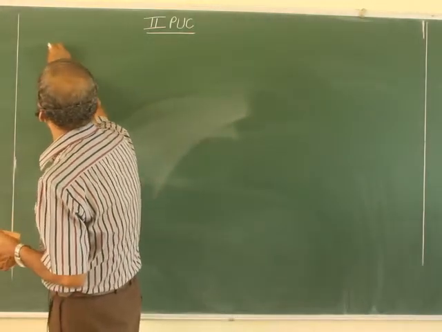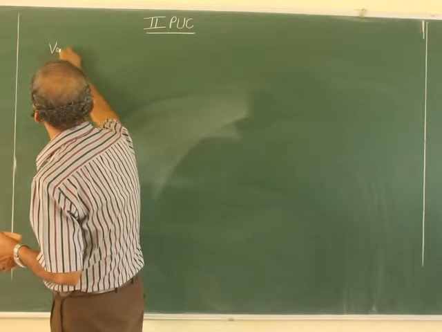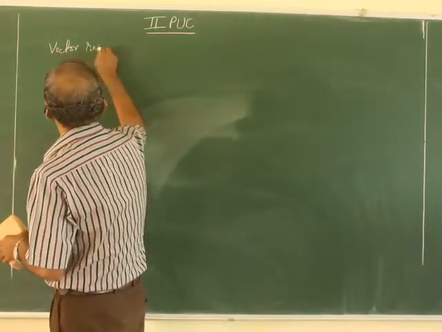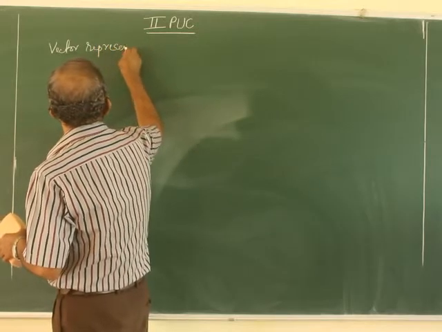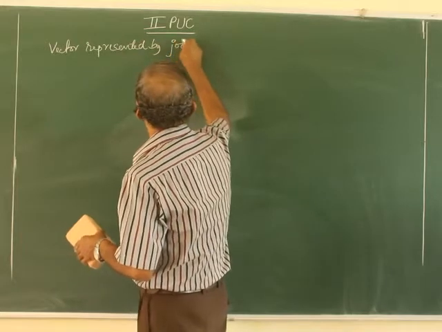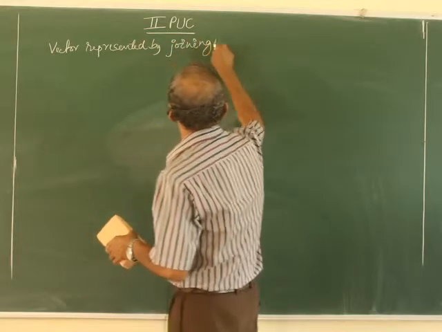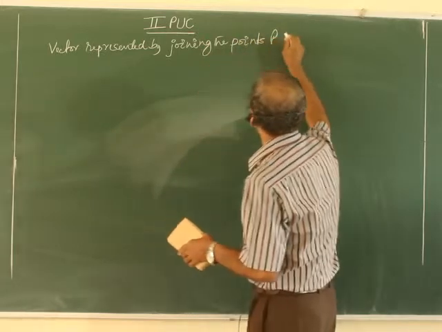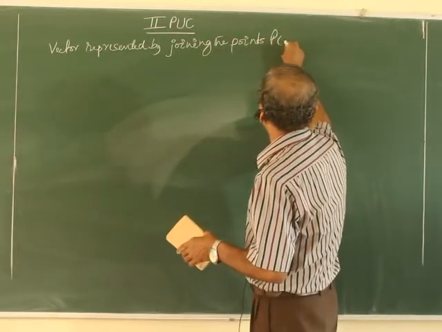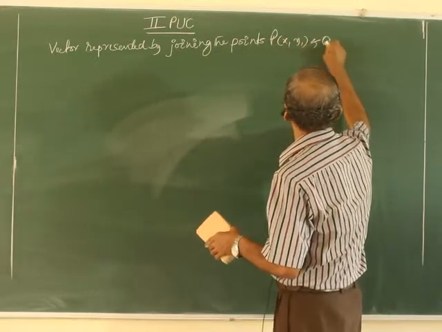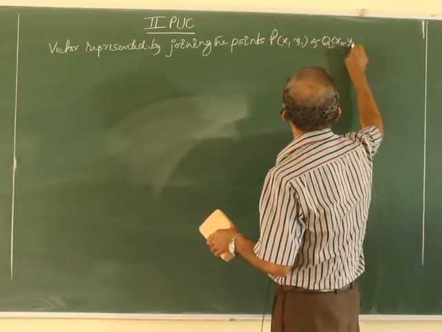The formula related to this is the vector represented by joining the points P(x1, y1) and Q(x2, y2).